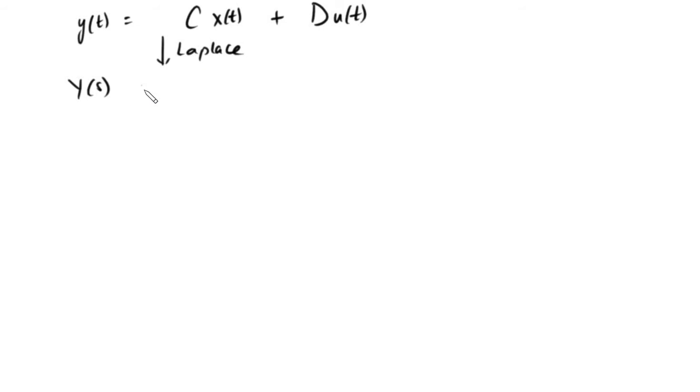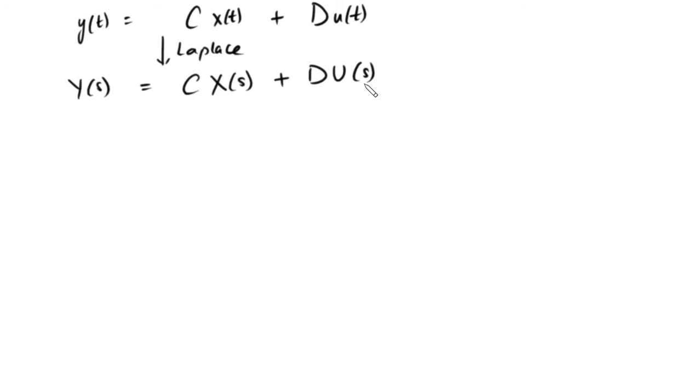Okay, let's move on, and we'll take the Laplace transform of the second equation. The second equation was y of t is equal to C times x of t plus D times u of t. The Laplace transform of this equation is y of s is equal to C times x of s plus D times u of s.